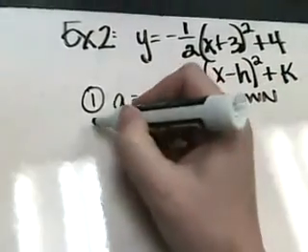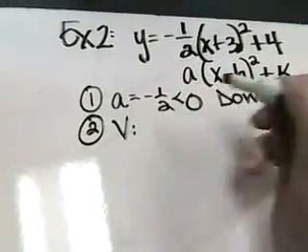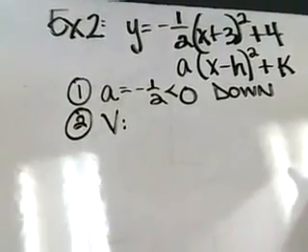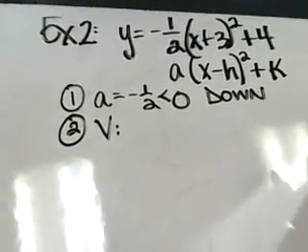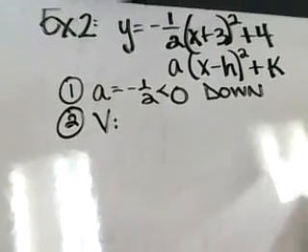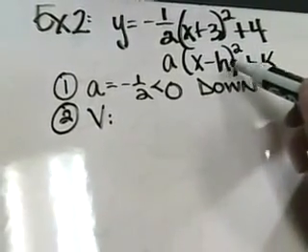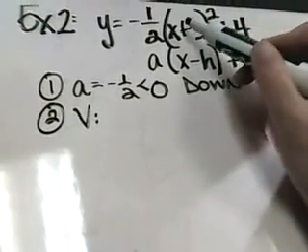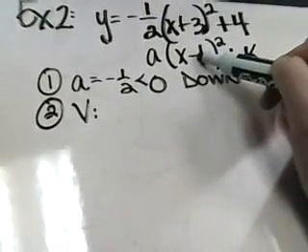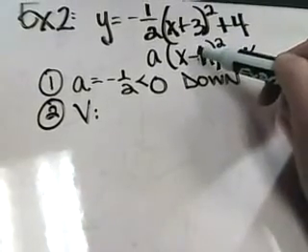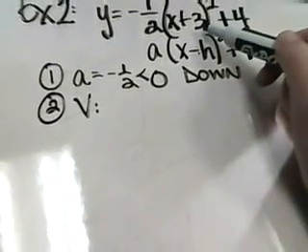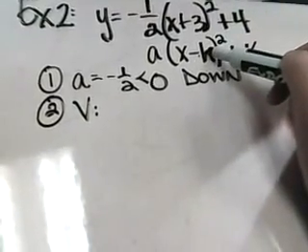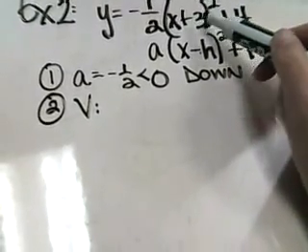Step 2, vertex. Now remember, with vertex form, I've got a shortcut. It says in our notes that vertex form is whatever HK is, but H is opposite of what it looks like. So if you line H up, it looks like H is 3. But because these two signs are different, that makes H opposite of what it looks like, because whatever H is has to give me positive 3.